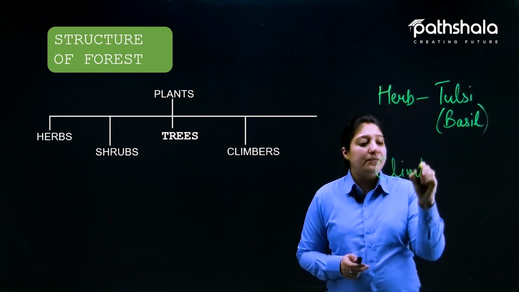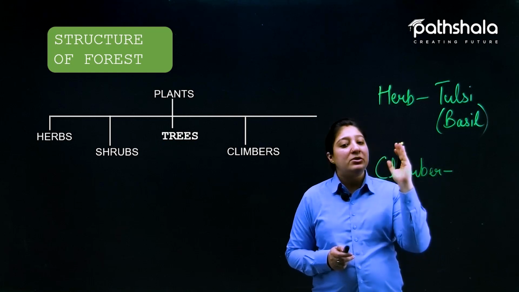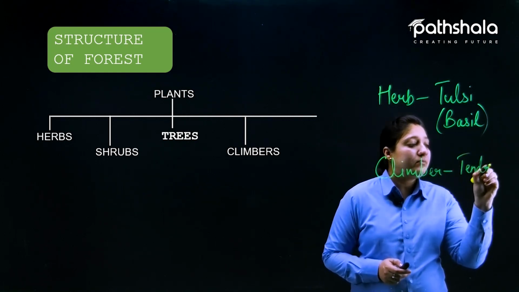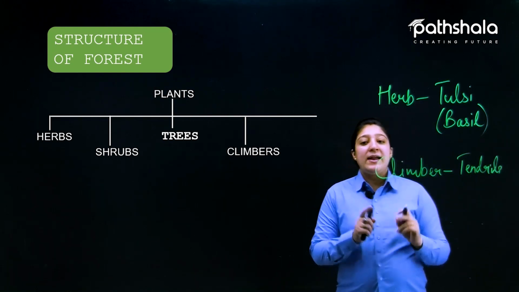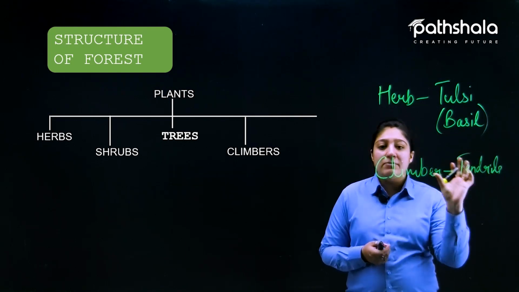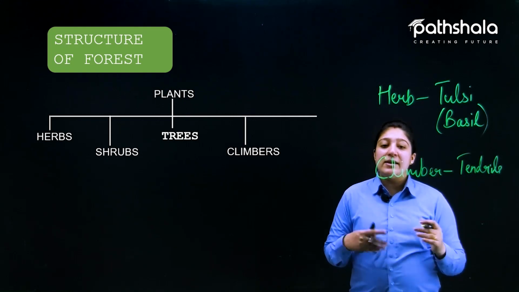And with the help of tendrils, they take the help of other plants, or we can say that they climb on the other plants that are present near them, and then they do their growth.